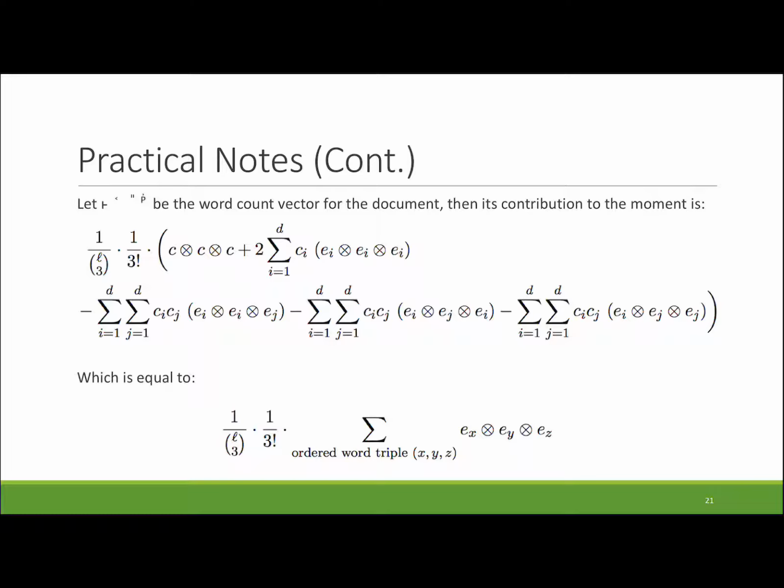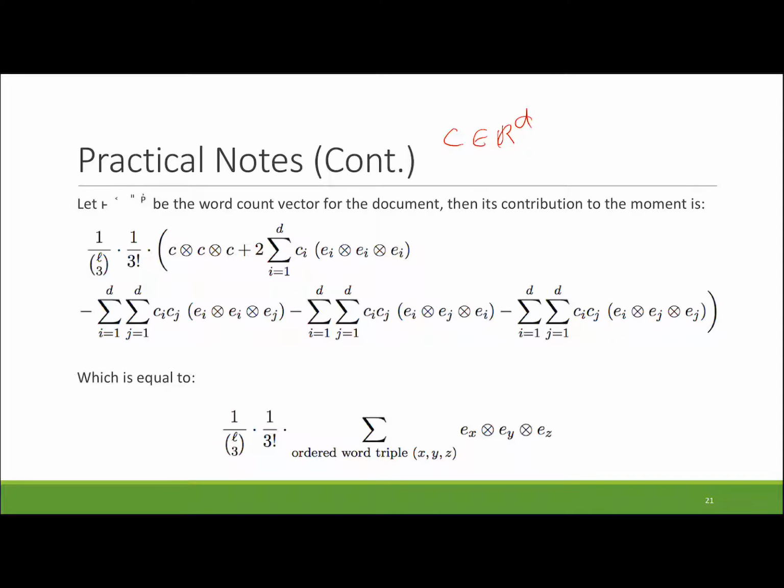It is shown that you can use the sufficient statistic of the data, which is the word count vector, to represent each document. Let's call the word count vector C. It lies in the D-dimensional space of the dictionary, and each entry of C has the frequency of the words that appear in that specific document.